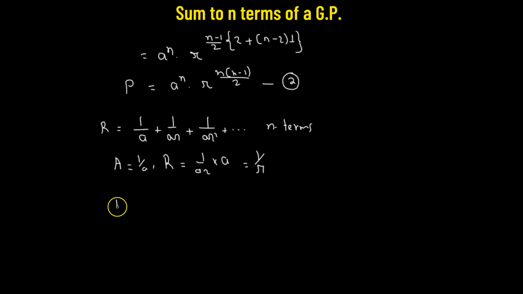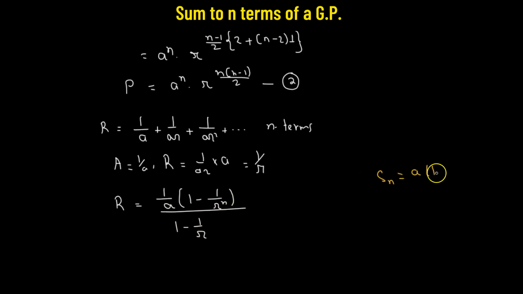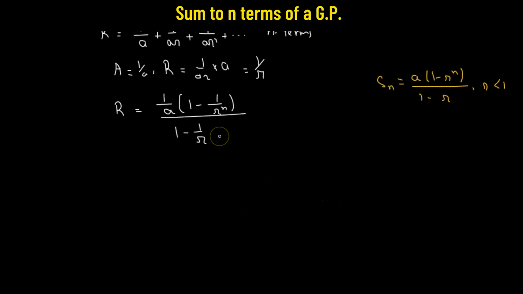So the sum R will be equal to 1 over a multiplied by (1 minus (1 over r) raised to the power of n) divided by (1 minus 1 over r). This time we are using the formula that Sn is given by a times (1 minus r raised to the power of n) divided by (1 minus r), assuming the r value is less than 1. Simplifying this, we get R equals 1 over a divided by (r minus 1) over r, which is simply r divided by a times (r minus 1).